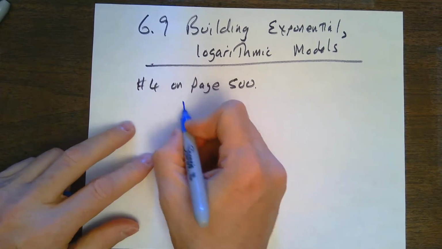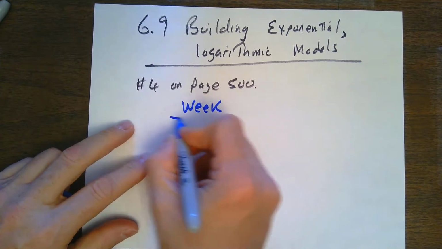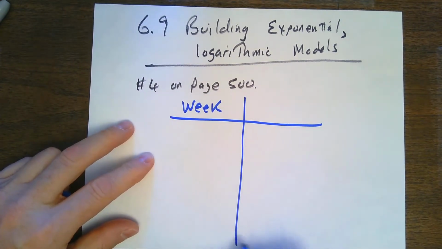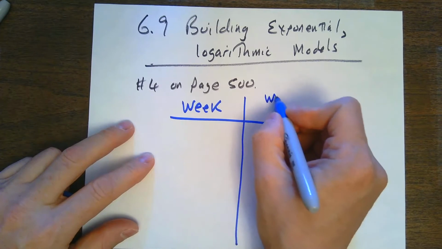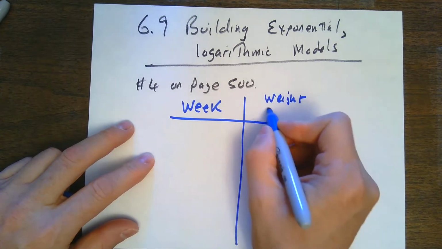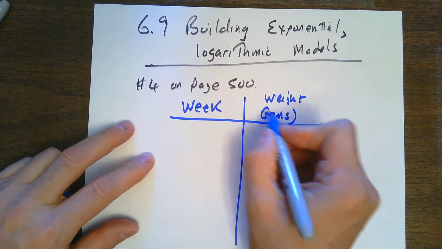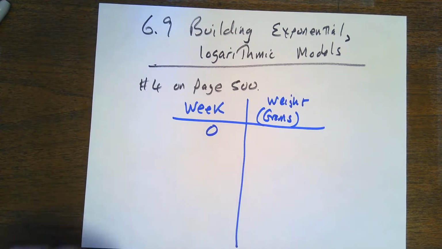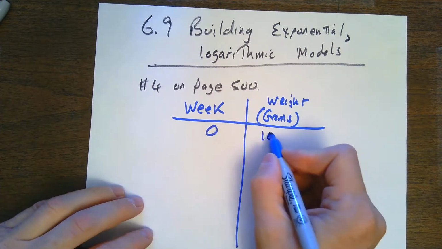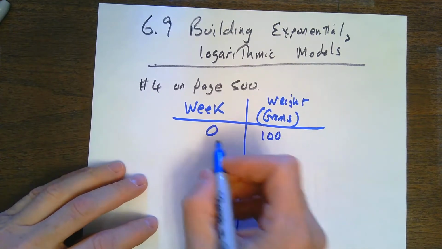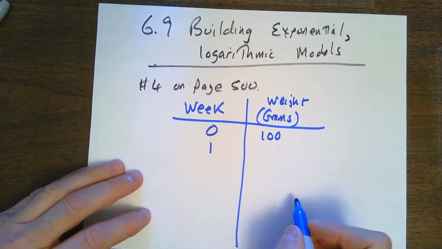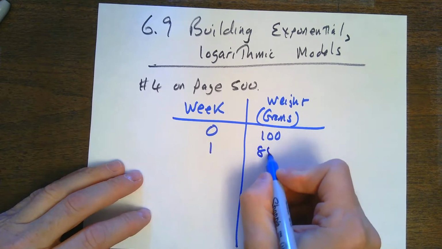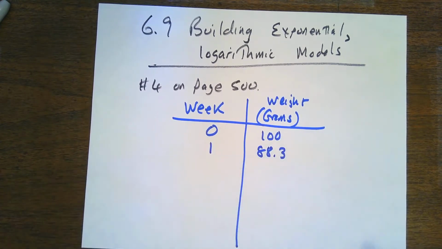We've got the week and the weight in grams of how much radioactive material. Week 0, the starting, he had 100 grams. 1 week later, he measures it, and now there's only 88.3 grams of radioactive material left.